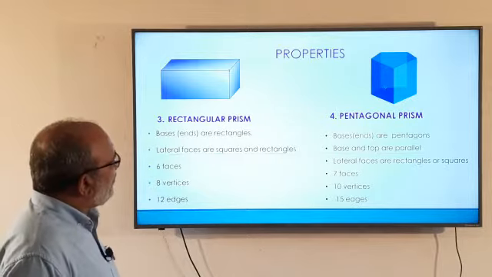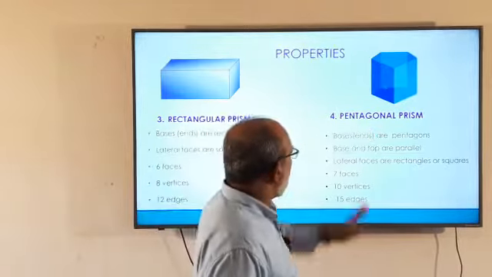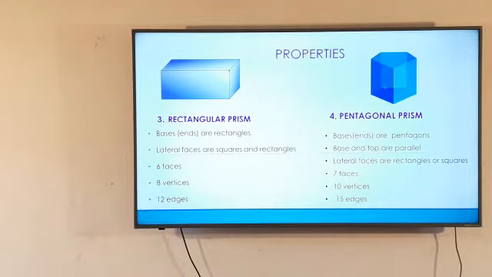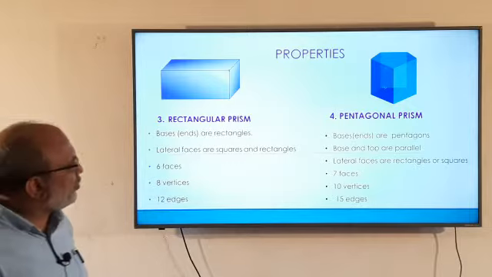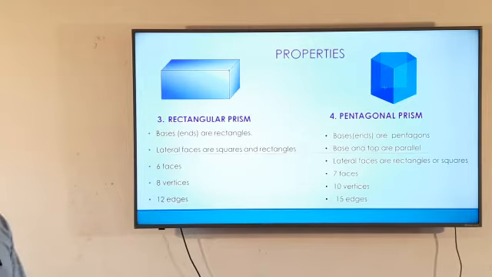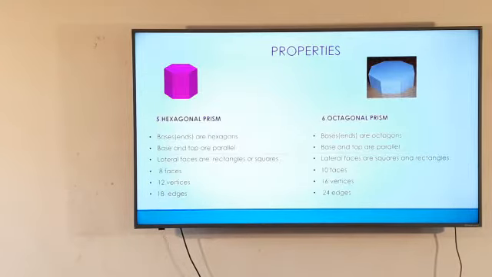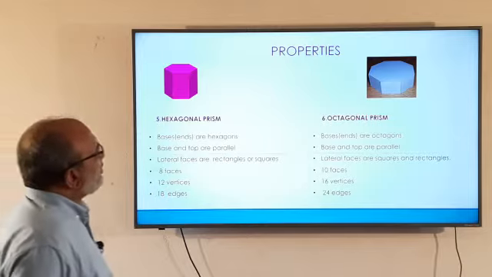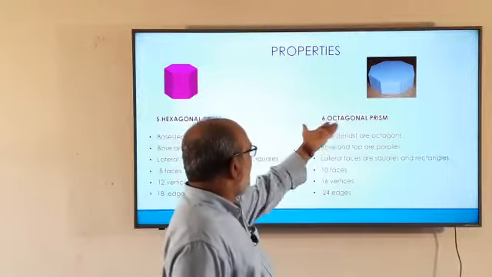A pentagonal prism: a pentagon, 5-sided polygon, is the base. Okay. Base ends are pentagons, base and top are parallel, lateral faces are rectangles or squares, 7 faces, 10 vertices and 15 edges. Again, hexagonal prism: bases are hexagons, base and top are parallel, lateral faces are rectangles or squares, 8 faces, 12 vertices and 18 edges. Octagon, it is 8, you can see.